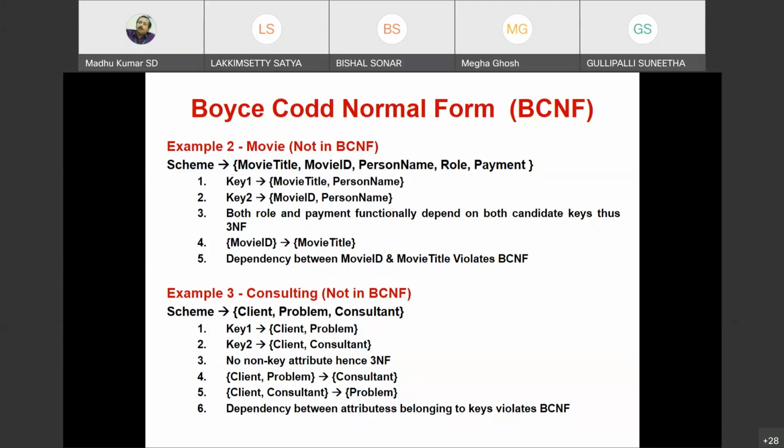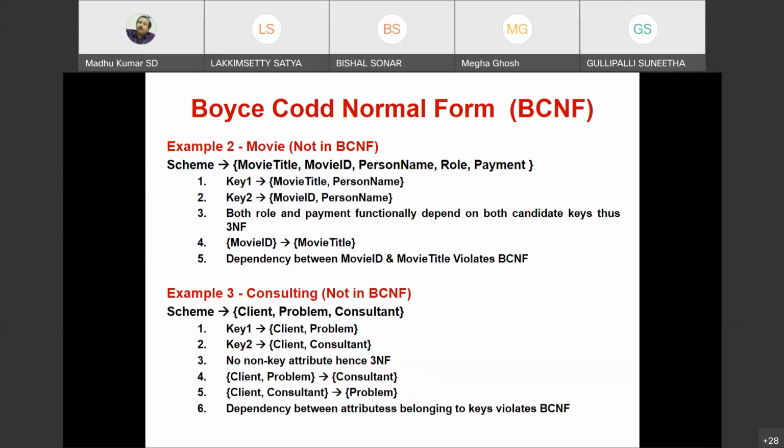Here we have an additional functional dependency that movie ID determines movie title. So that means there is a partial dependency present in this table.